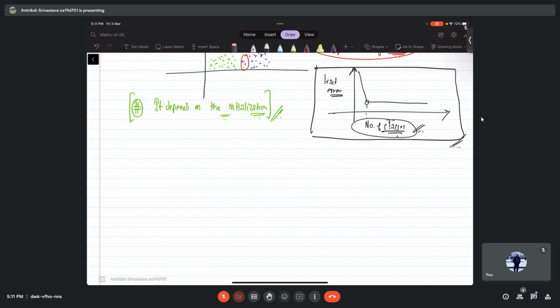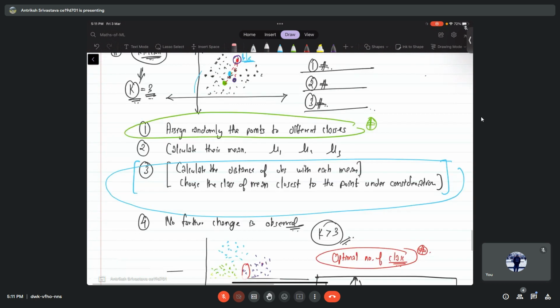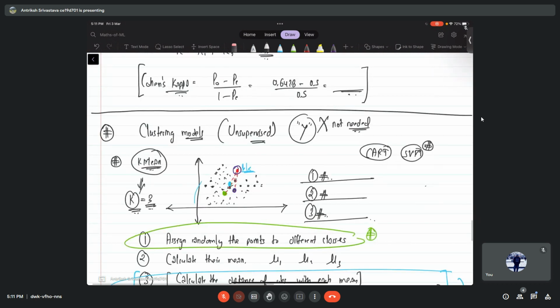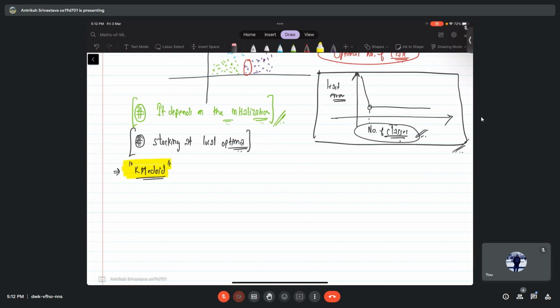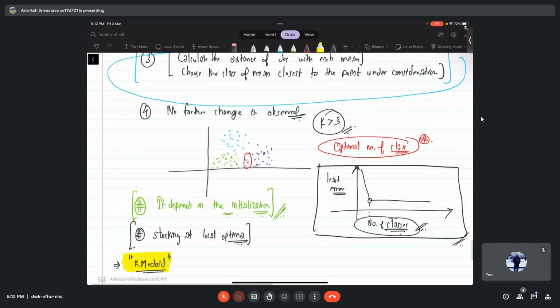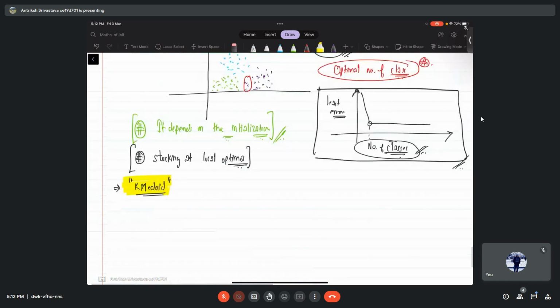Okay, so let's continue. Because of this limitation and another limitation of getting stuck at local optima, we prefer another clustering algorithm, that is K-medoid. A weird name, but it performs better than the K-means clustering algorithm.